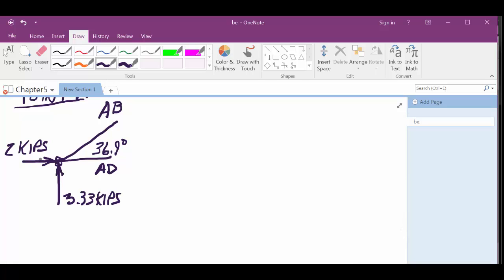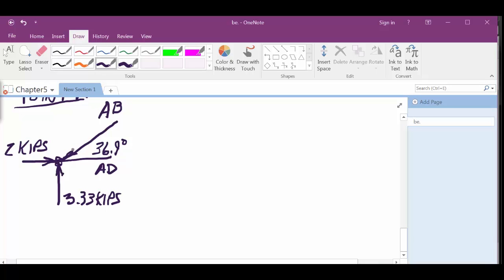But what we can decide out of this one is there's a force going up here, 3.33, and there's only one member in the Y direction that counteracts that, doesn't it? So more than likely, good, brilliant deduction would say that this is probably going to be compression.